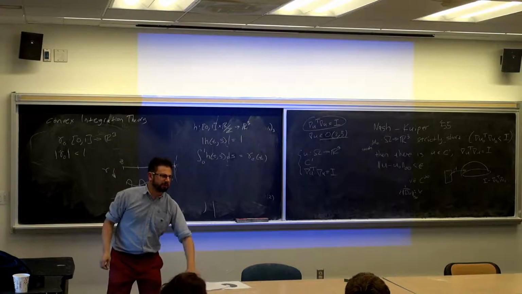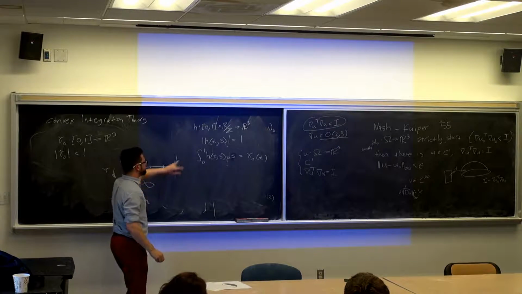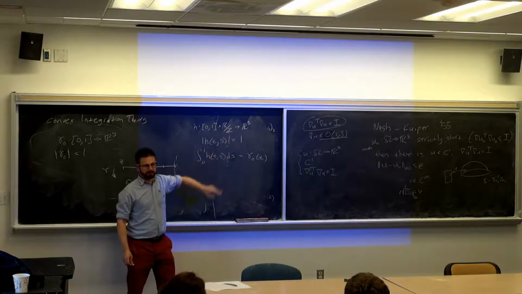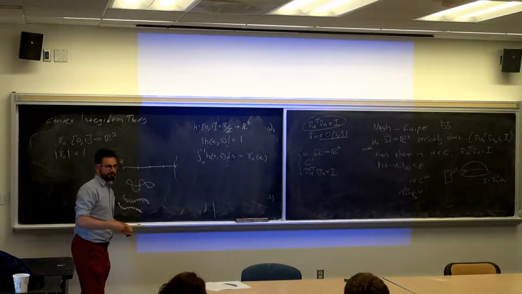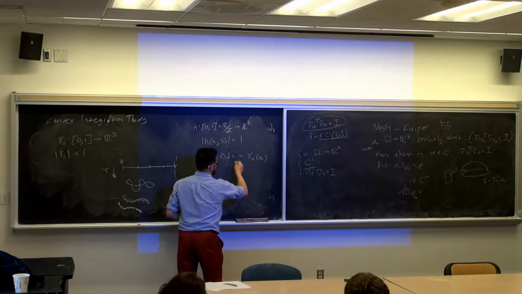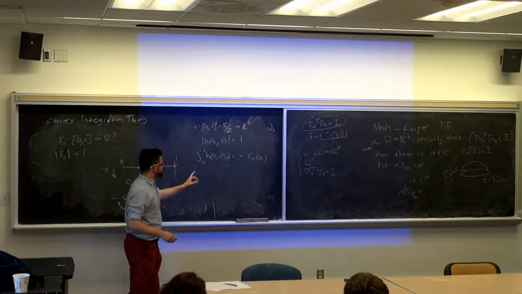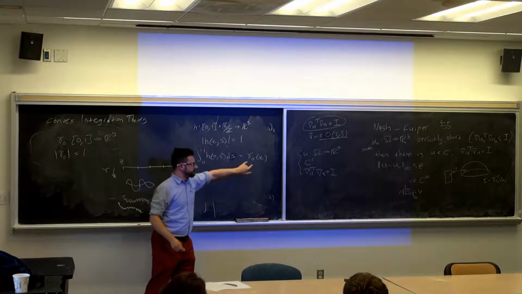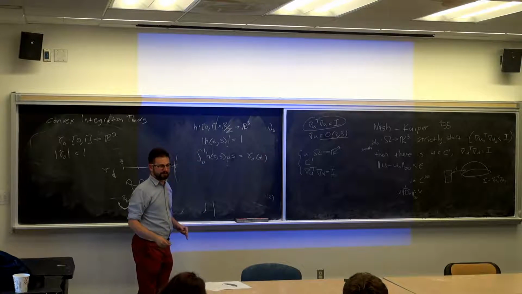So what are we doing here? We've got a family of curves that are periodic in the s variable, in this parameter s. And we want to make sure that when we average out over s, we're going to recover gamma 0 prime.